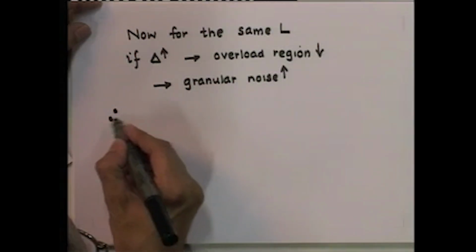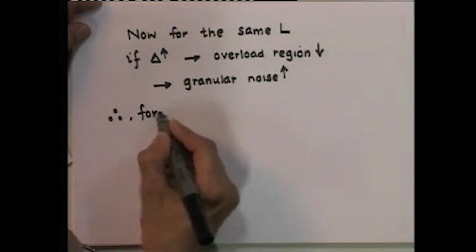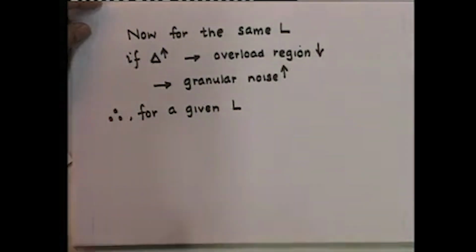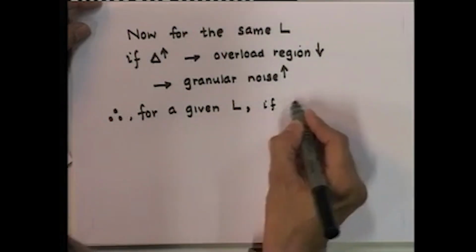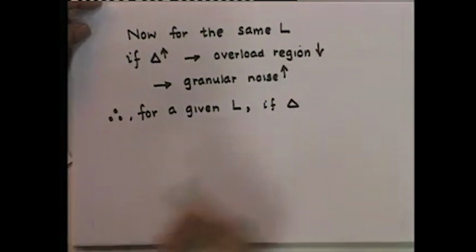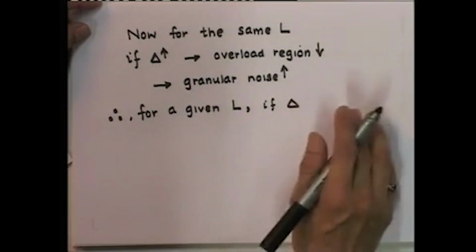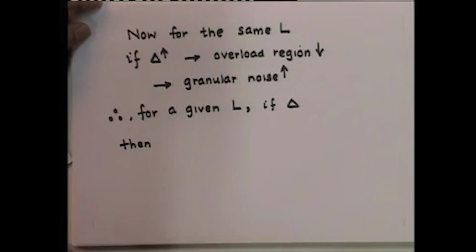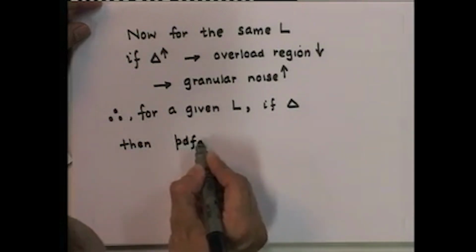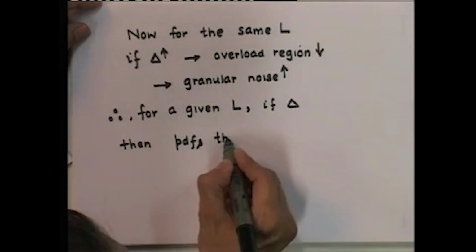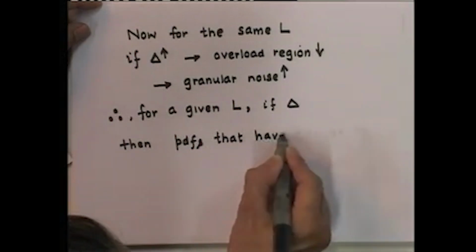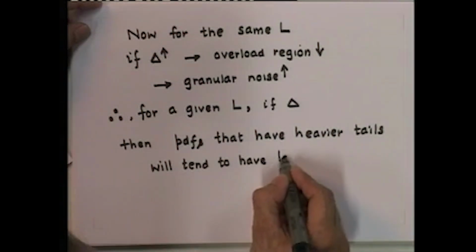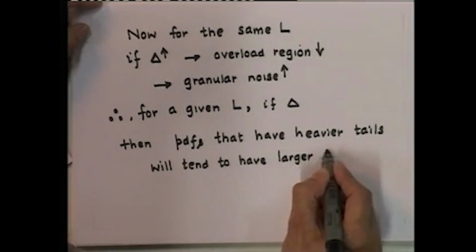Therefore, what it implies is that for a given L, if we calculate the step size to balance the effects of the granular and overload noise, then PDFs that have heavier tails will tend to have larger step sizes.